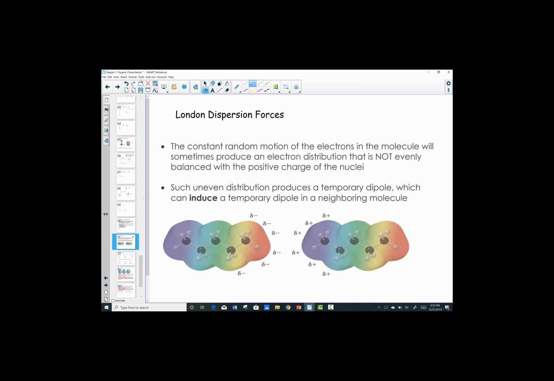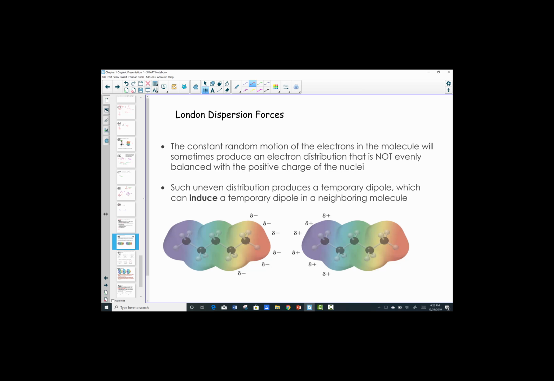The weakest is known as a London dispersion force, or simply dispersion force. Keep in mind that all molecules have kinetic energy. They are in constant random motion, and that means electrons in the molecule sometimes produce an electron distribution that's not evenly balanced with the positive charge in the nucleus.